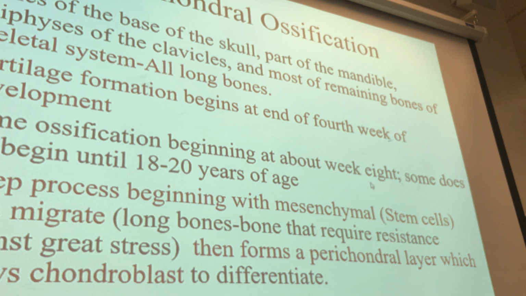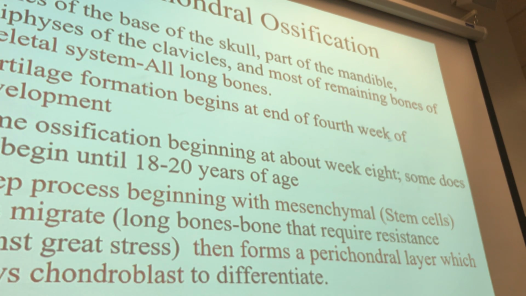So about 8 weeks in, we start seeing the migration of the cells there. At about the start of the 2nd trimester, you start replacing all that cartilage material with bone tissue. For some people, we don't finish until later, 18 to 20 years of age.